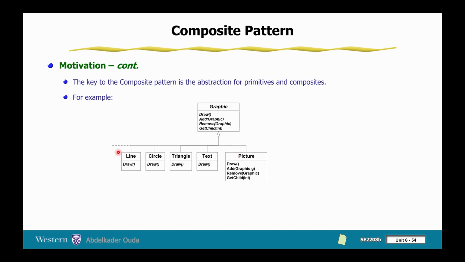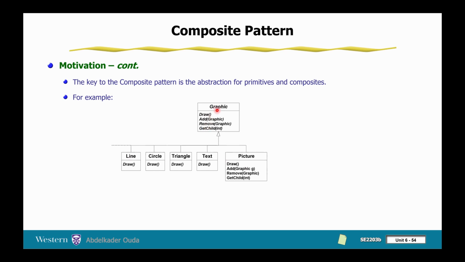And if you look at that here, we may have an unlimited number of primary elements. And we have one container acting as a picture. That container or this picture may have any combination of these primary elements. All of them implement one method called draw.